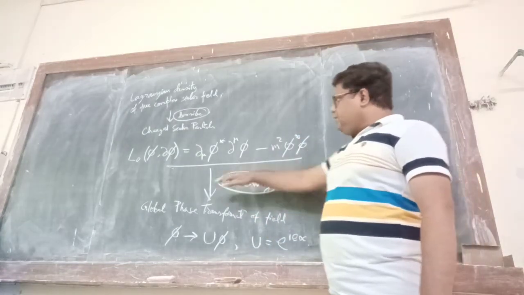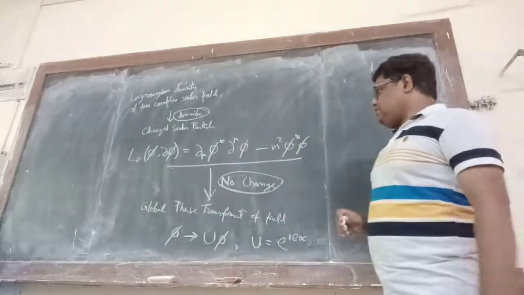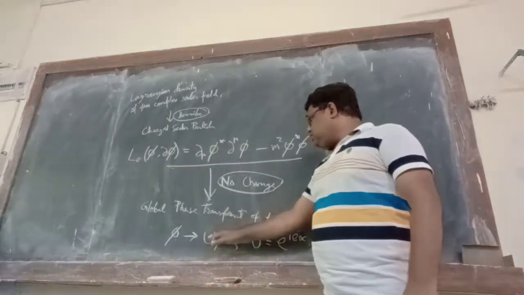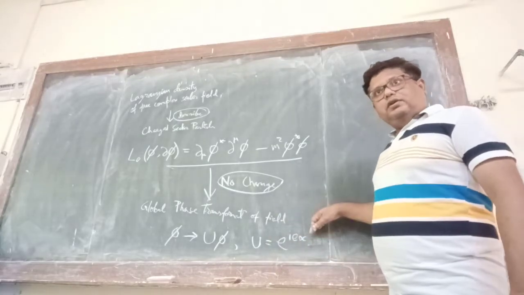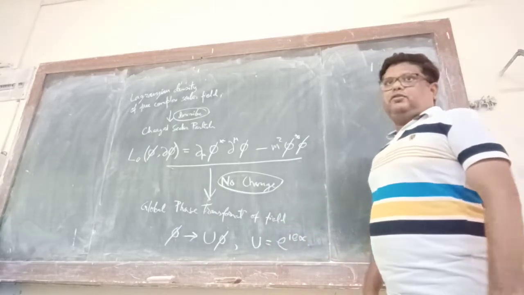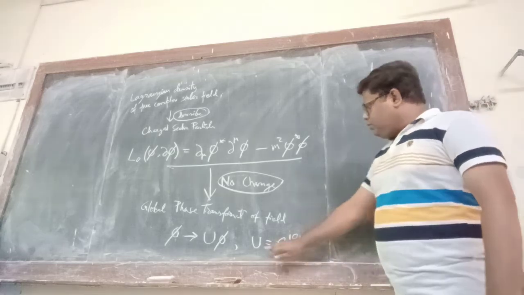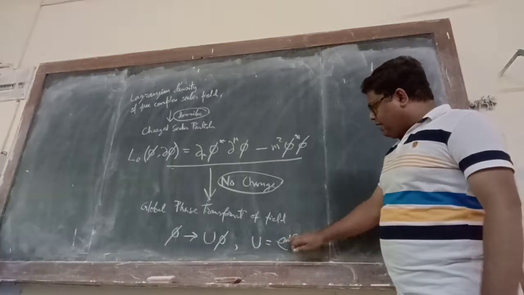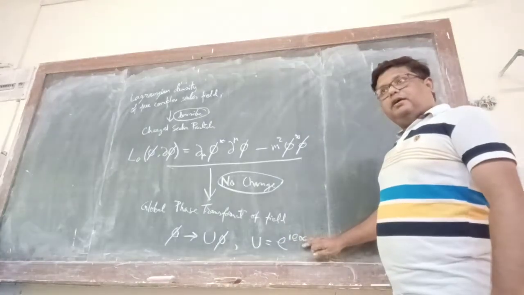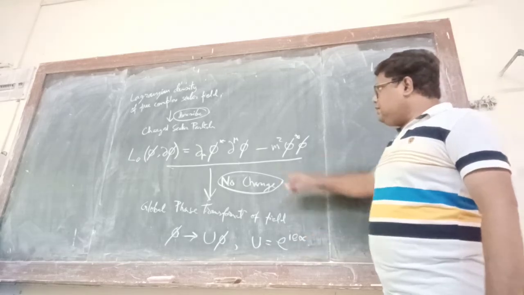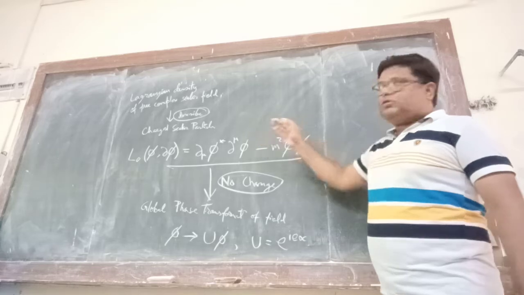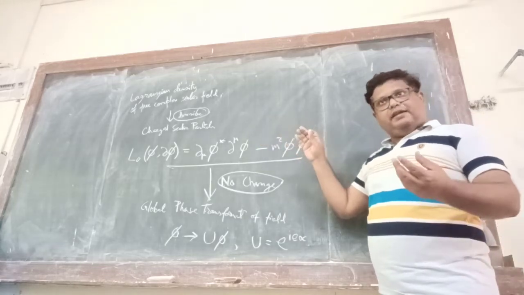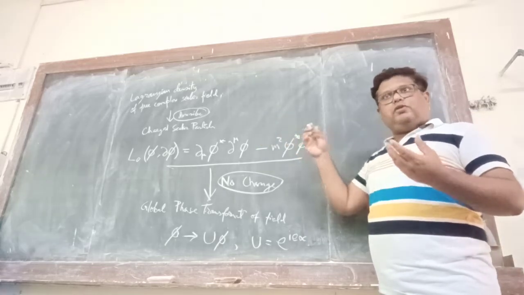Now we are going to talk about some sort of transformations. Right. Now the first one is the global phase transformation. You see phi changing to U phi. Now this is the structure of U. Did you notice anything over here? So U looks like e to the power i e alpha. But note that this phi will have some dependence on some variable, say x mu or whatever.